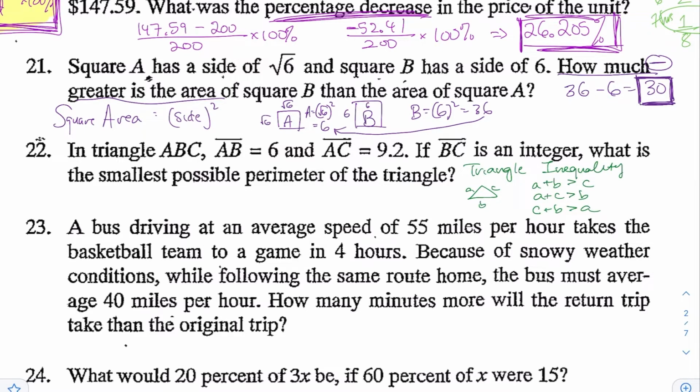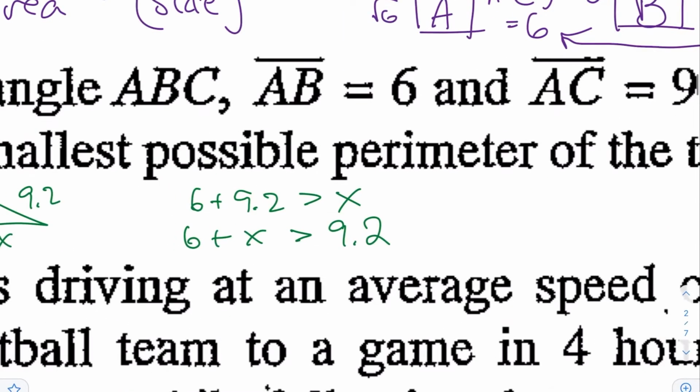So here you have a triangle where the sides are 6 and 9.2, and the last side is x. So you know that 6 plus 9.2 is greater than x, as well as 6 plus x has to be greater than 9.2. So you can solve both of these inequalities.